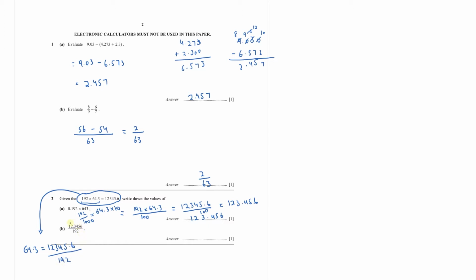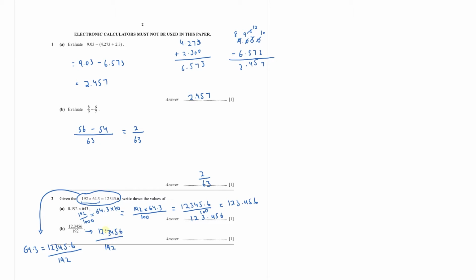Now if I can make this expression look similar to this, then I can substitute the value of 64.3. So let's write this down here. This is 12.3456 divided by 192. In both cases, I have 192 in the denominator, but for the numerator, I have 12,345.6 here, but 12.3456 here.